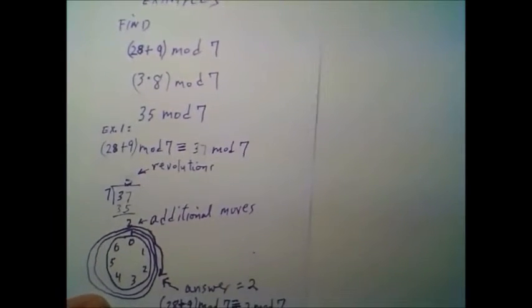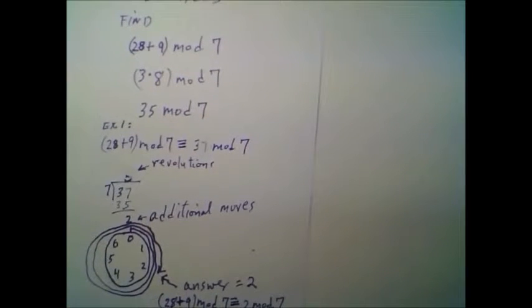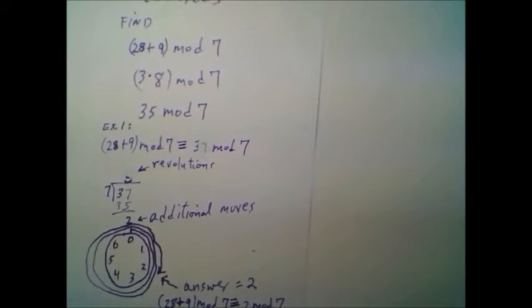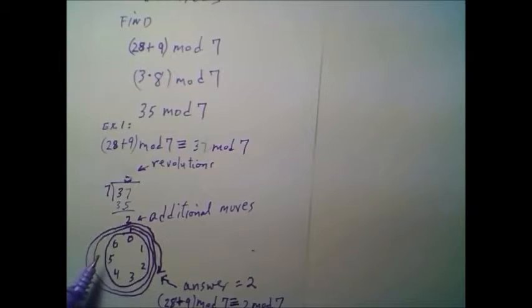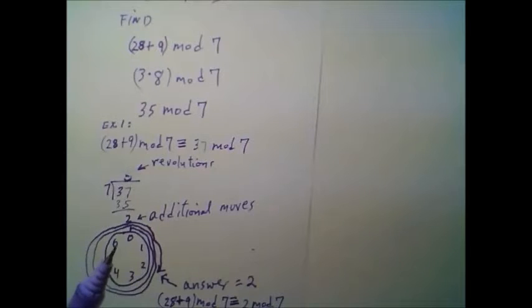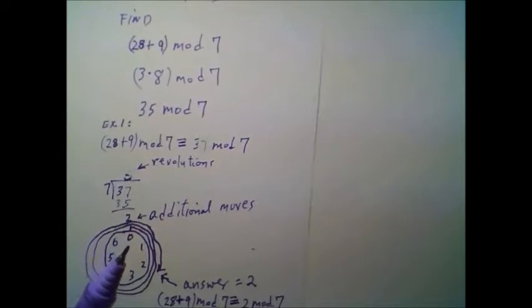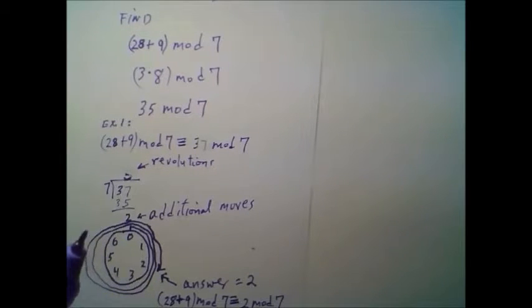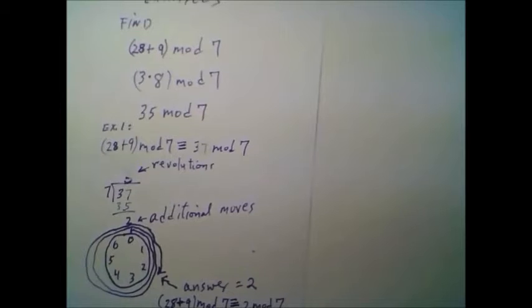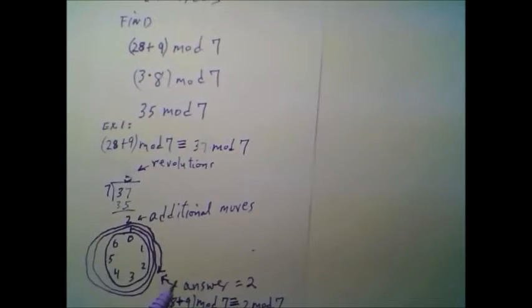And once again, you divide the mod into the number, and the remainder is the extra. That's the additional moves that you have to make. So the remainder in this case is 2. So as you can see here, I've already gone around 2 times, so I need to go around 3 more times because you have 5 complete revolutions.